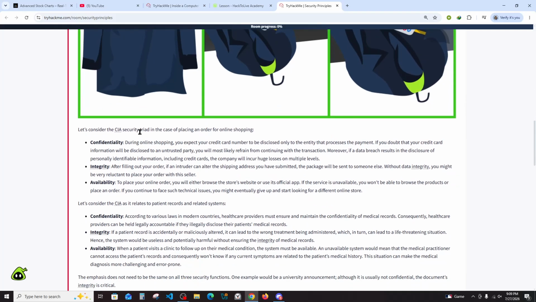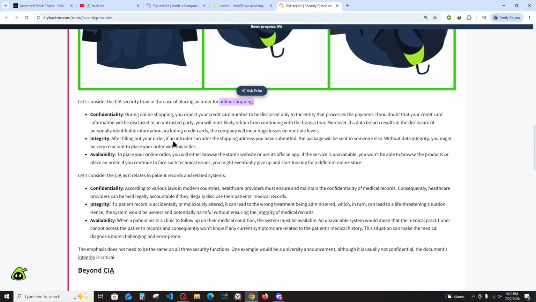Let's consider the security triad in the case of placing an order for online shopping. Confidentiality: during online shopping, we expect our credit card number to be disclosed only to the entity that processes the payment.